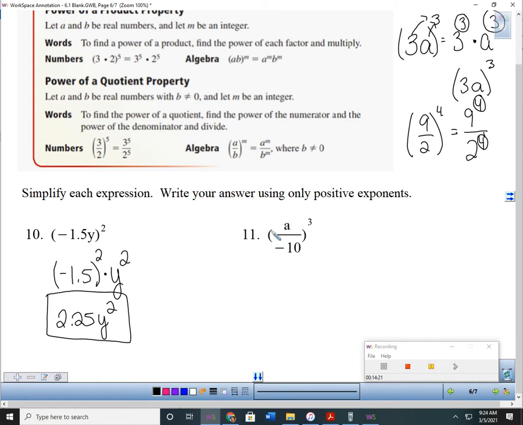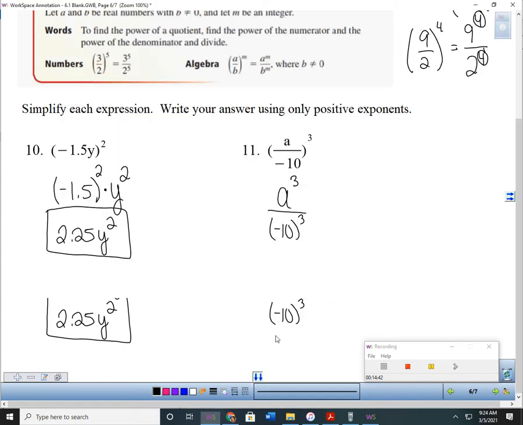All right. Now, see, I have 2 things I'm dividing, and both of them are being raised to the 3rd power. So I'm going to take the top and raise that to the 3rd power. I'm also going to take the bottom and raise that to the 3rd power. And then I'm going to go ahead and simplify that just because I want to.